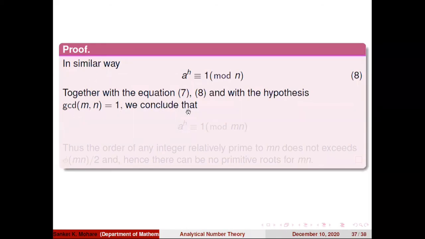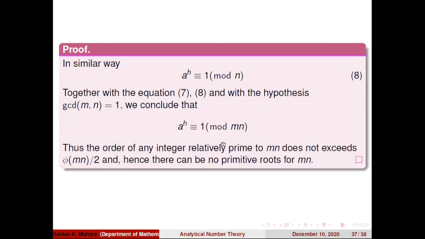From this we can conclude that a to the power h is congruent to 1 modulo mn. Thus the order of any integer relatively prime to mn does not exceed phi of mn by 2, and hence there can be no primitive roots of mn. Okay, this completes the proof.